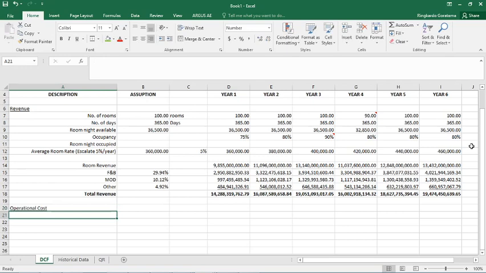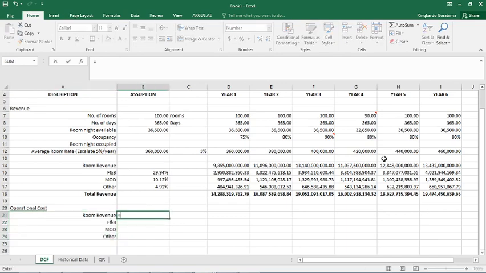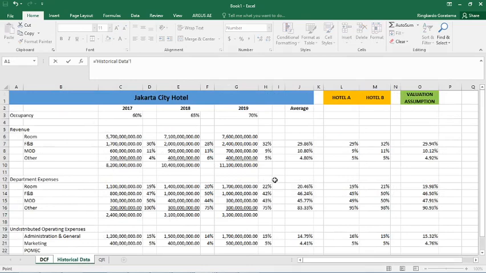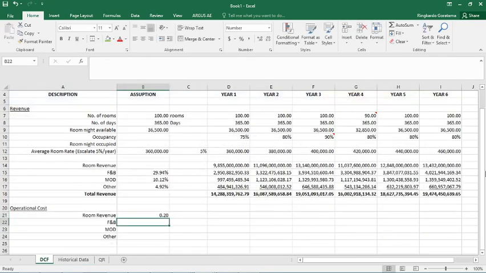So the operational costs will also cover the room, F&B, MOD, and other. So we use the previous analysis. Put it here.